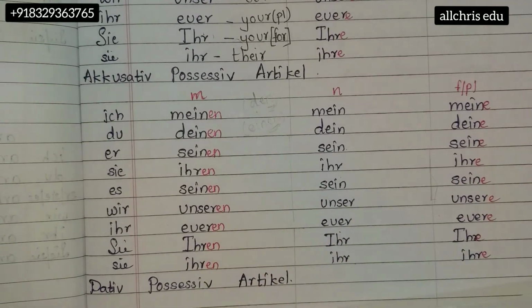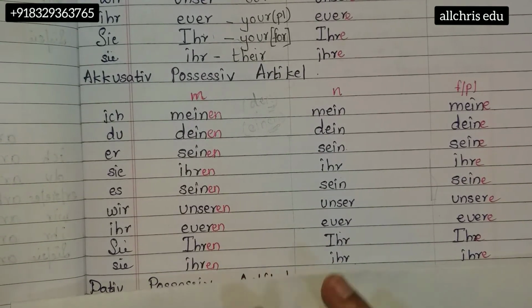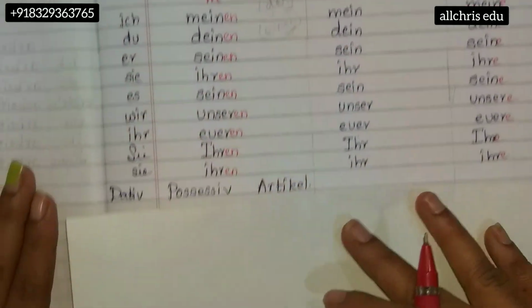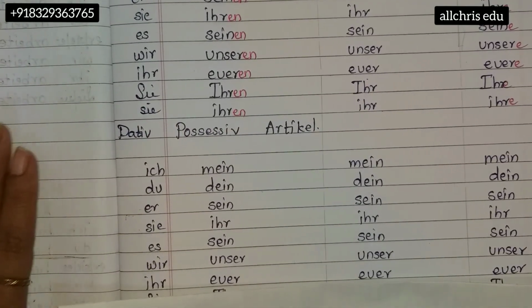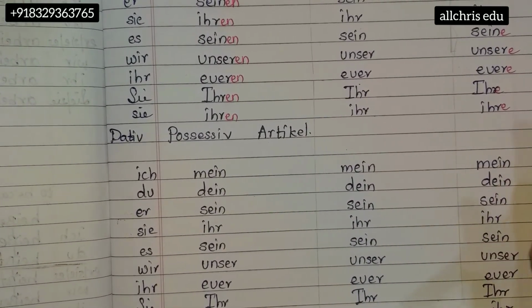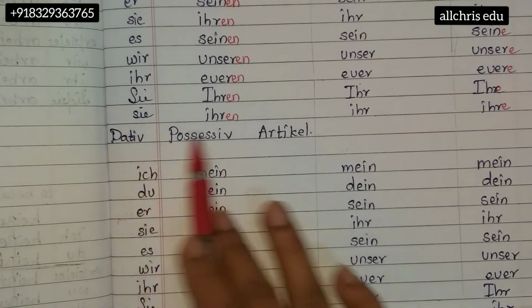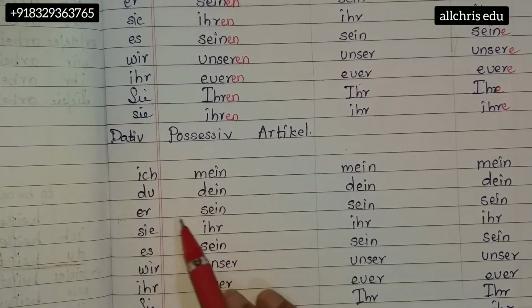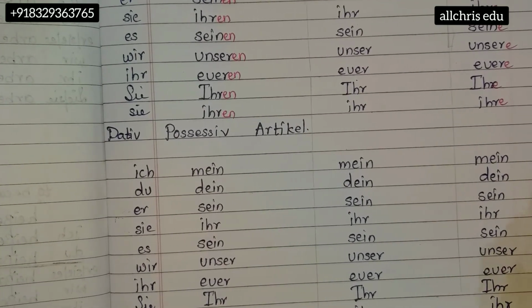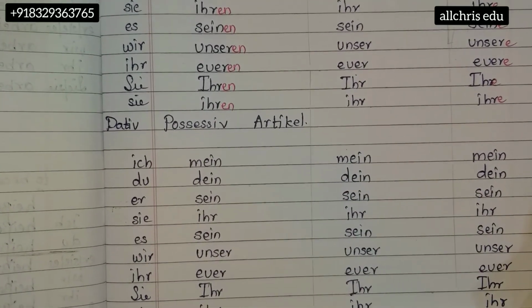Yeah. Now once we are done with accusative whole chart of possessive article, now we'll head on towards the dative possessive article chart. Yeah. Again, here the outside the margin ich du will remain same, heading we are writing. Then the root word, if you see, it is similar to the nominative accusative. Yeah, the root word will remain same as it is.